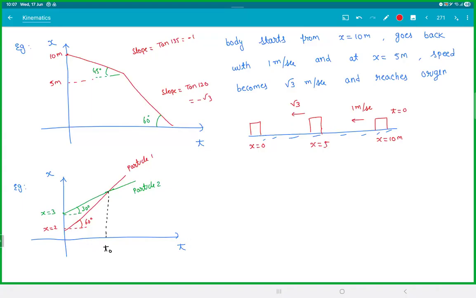So see, we have a particle 1 and particle 2. Particle 1 is starting from x is equal to 2 with speed root 3 meters per second.